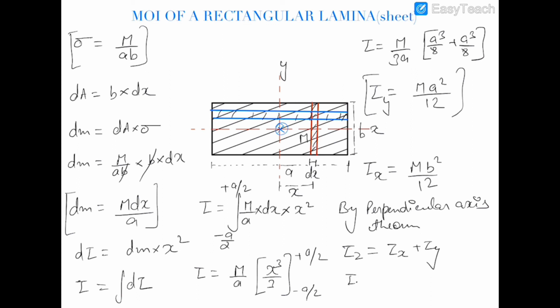So Iz is equal to M by 12 (a squared plus b squared). So this is the moment of inertia of this rectangular lamina about the z-axis, which is the axis passing through the center of mass of this lamina, and this axis is also perpendicular to the plane containing this lamina. Thank you.